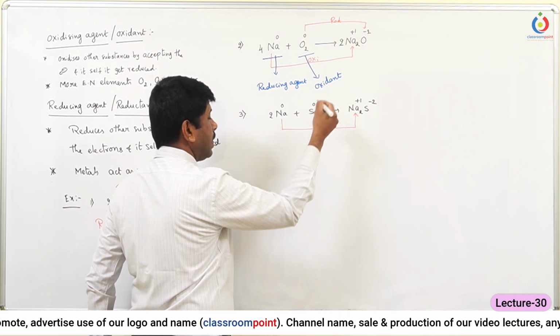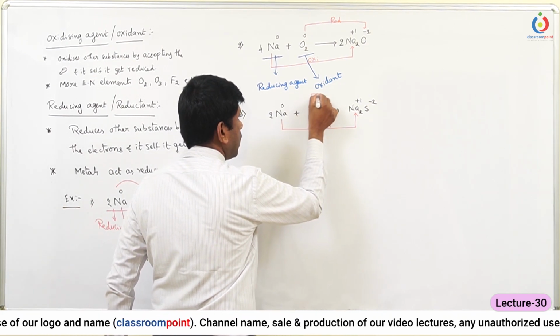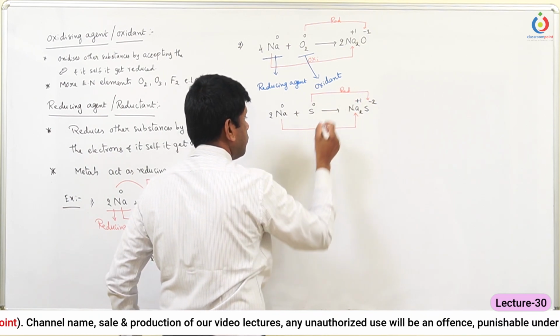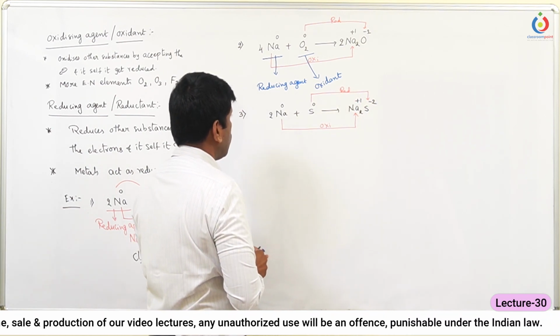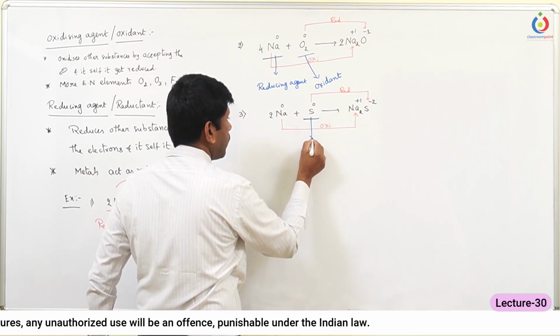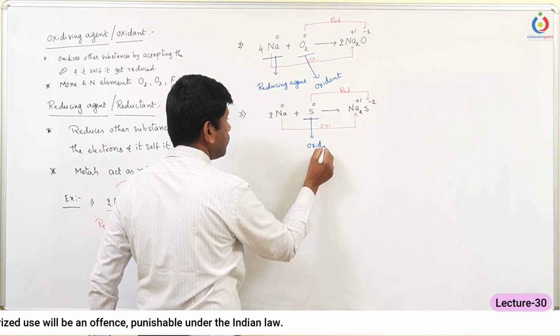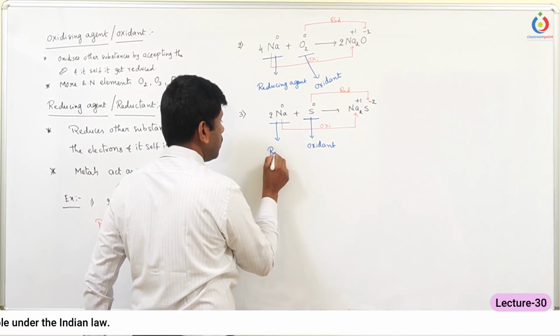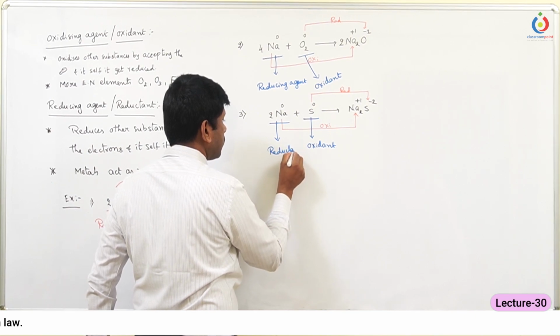Conversion of sodium into Na+ ion is oxidation, and conversion of the sulfur from 0 to -2 is the reduction process. And here oxidizing agent is sulfur. This is oxidant, whereas sodium is reductant.